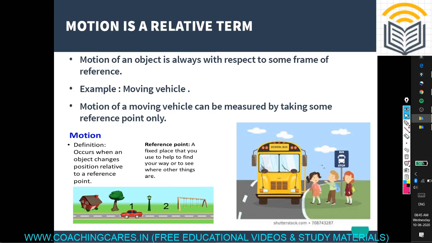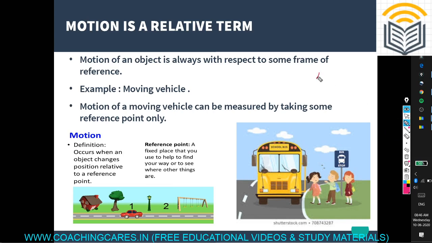Now, just assume people are sitting in the bus. We are assuming two people who are sitting in the bus. So those people will understand the motion about those people. So let us understand.